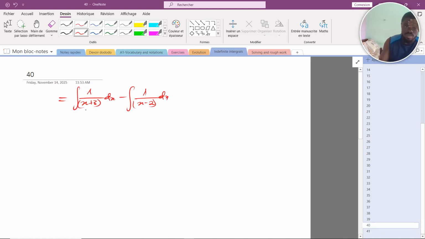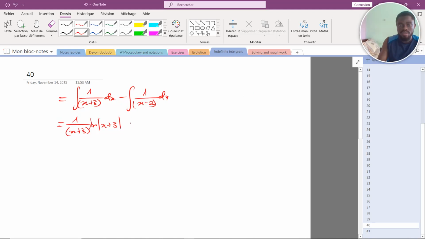Okay, now basically we know how to integrate this, because this is the integral of 1 all over ax plus b dx. So the integral of this will simply be equal to what? 1 all over 1 times ln of the absolute value of x plus 3.